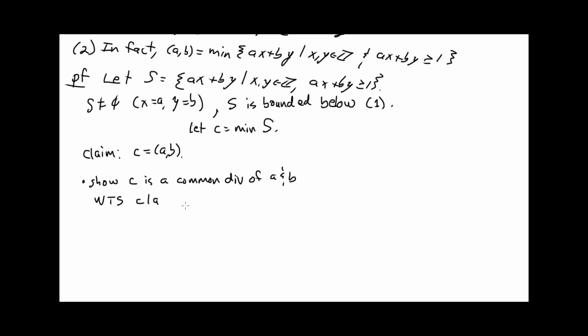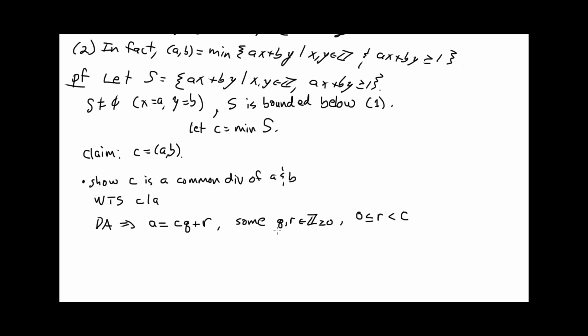But first of all, let's use the division algorithm. Since we only have one theorem, it's kind of a no-brainer that we'll use it. We'll look at what happens when you try to divide a by c. So the division algorithm lets you write a is cq plus r for some quotient q, some remainder r.